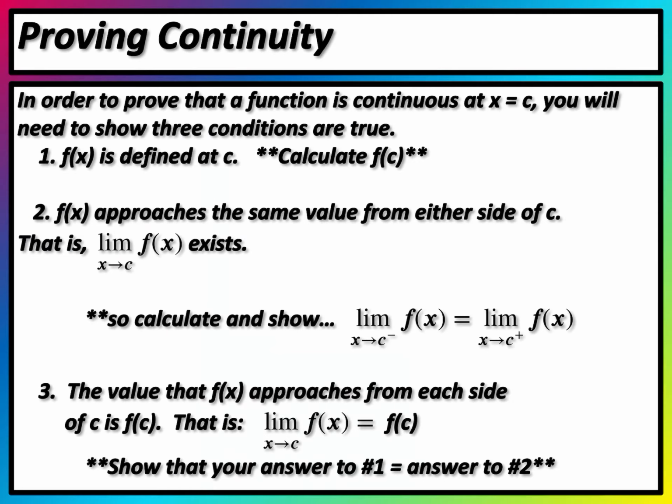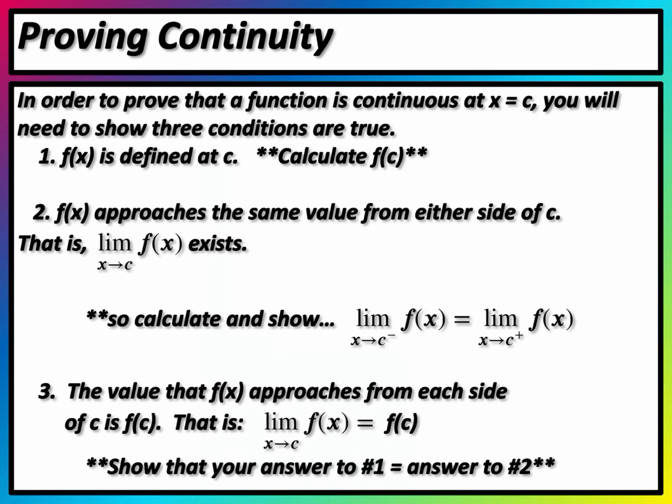So there are 3 steps that we have to use. We're creating a formal proof here in order to show, or not show, that a function is continuous. Step 1 is to show that f of x is defined at the value that you're given at c. That means you're going to calculate f of c, using direct substitution and plugging it in.